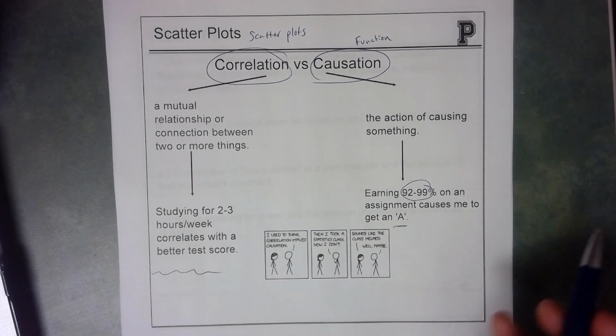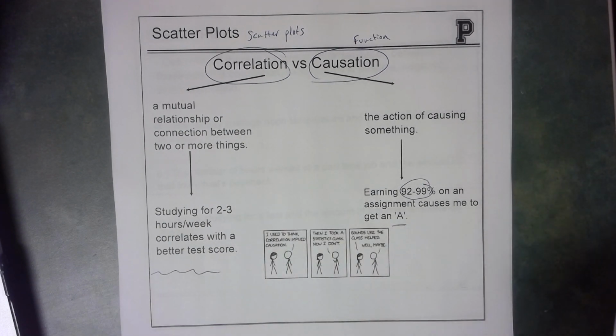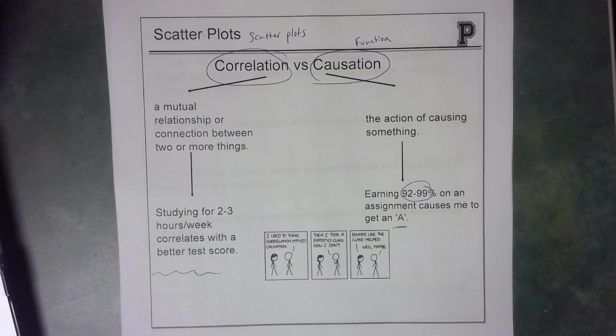So the difference again is just correlation versus causation. You think of a job, the hours you put in causes you to get paid. It does not correlate because in a correlation, it may be a number of different amounts of money that you could get paid.